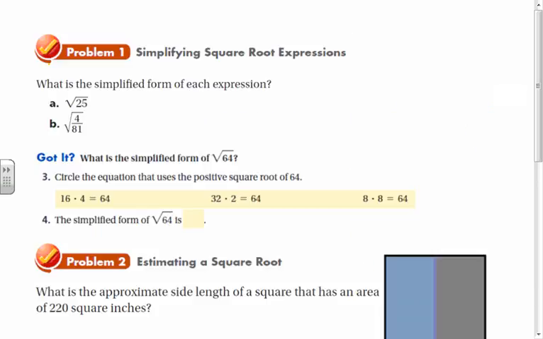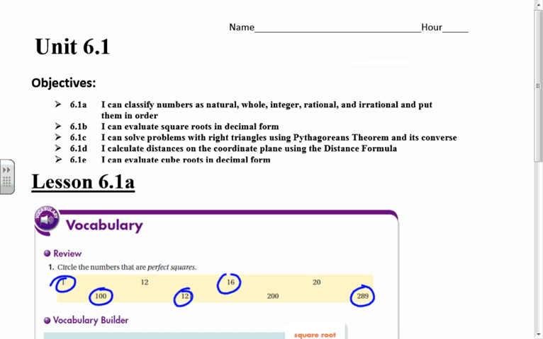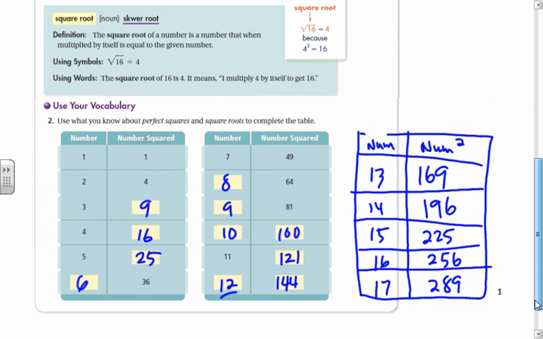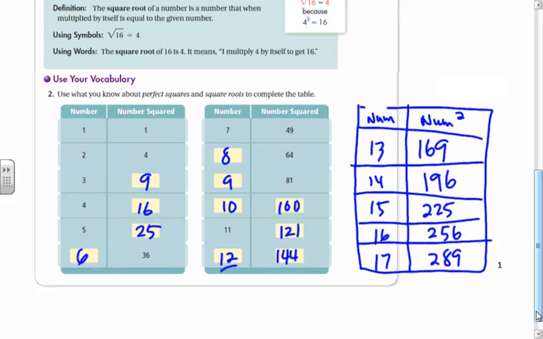All right. So simplifying square roots, here's how that works. We're going to use those perfect squares in the table that we just had. It says, what is the simplified form of each expression? The square root means a number multiplied by itself that equals this base inside there, that 25. So if we go back a page, we're going to look for the number 25 in our number squared chart right here.